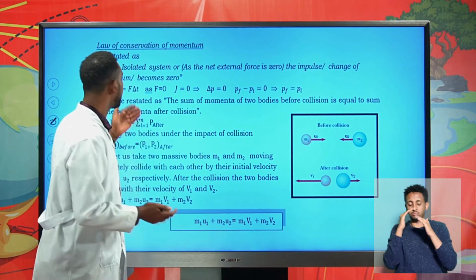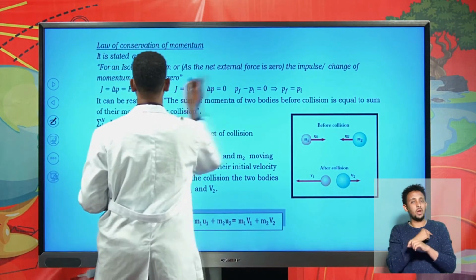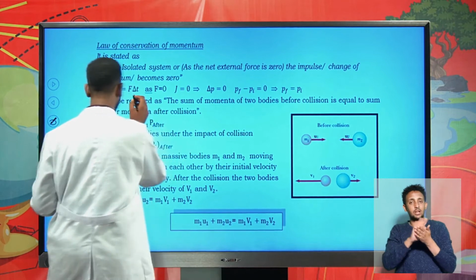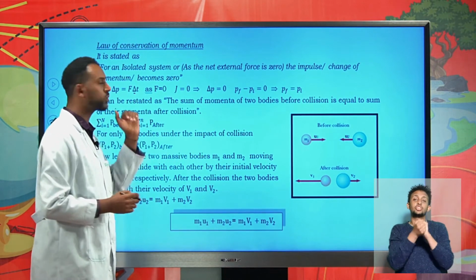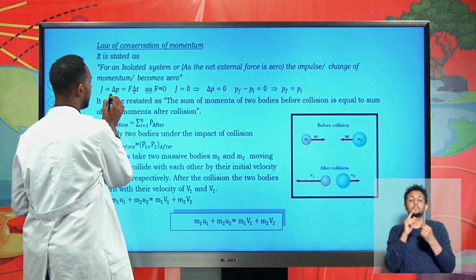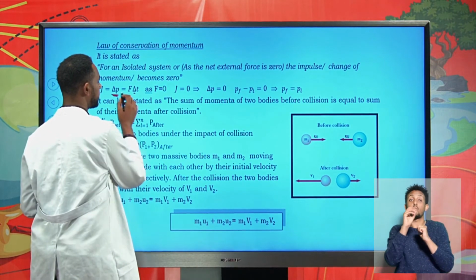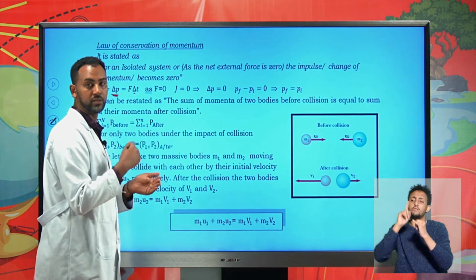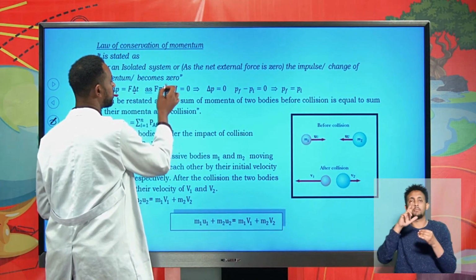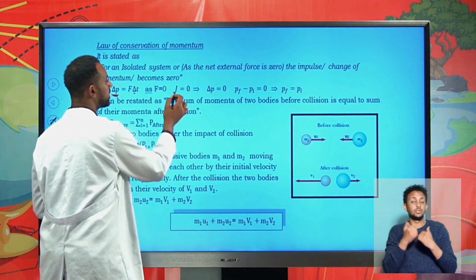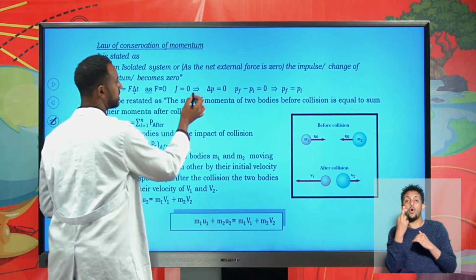conserved. Previously, we have stated that the impulse is equal to force times change in t. The change of momentum, meaning the final momentum minus the initial momentum, is known to be impulse. If the net force exerted on those objects is 0, then J, the impulse, is 0.